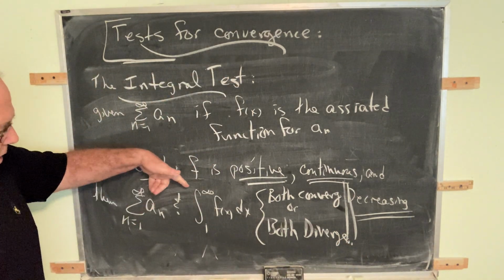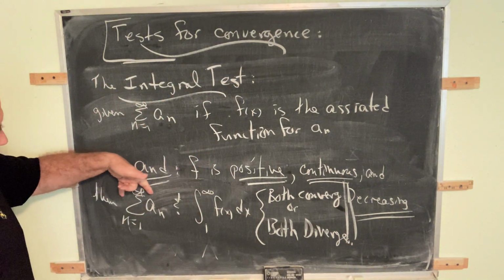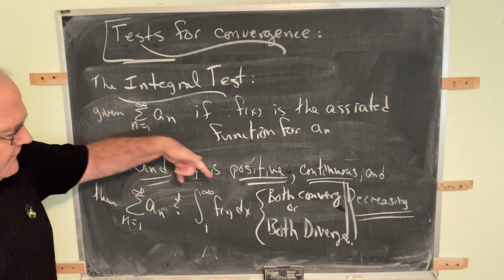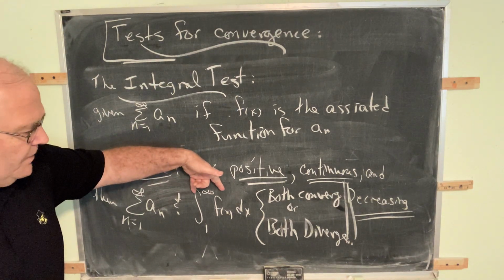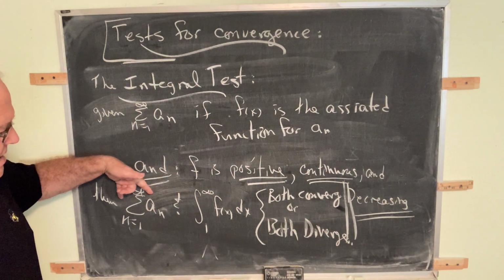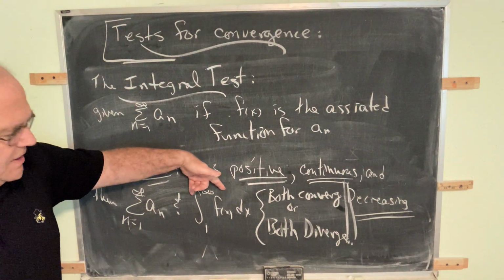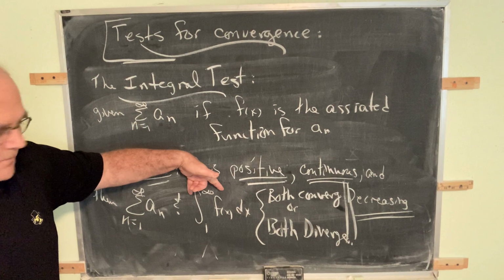Either they agree: this converges as a series if and only if this converges as an integral, and this diverges as a series if and only if this diverges as an integral.